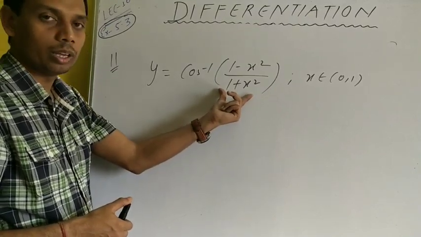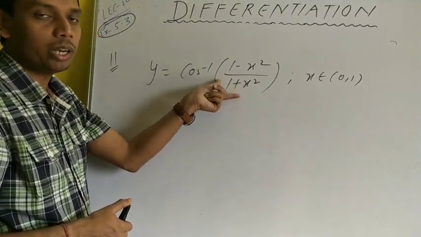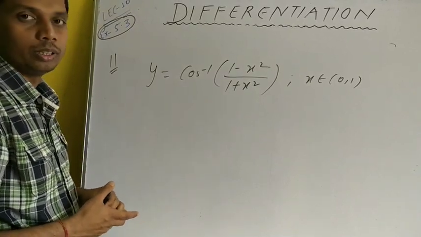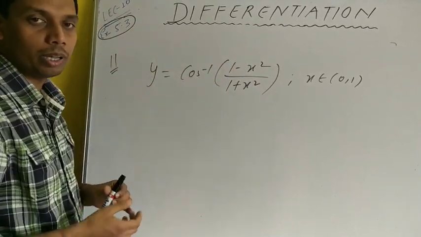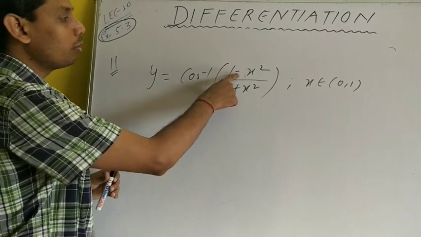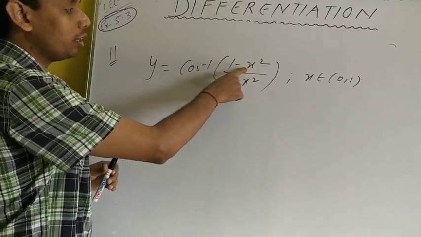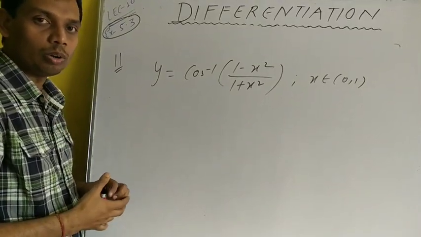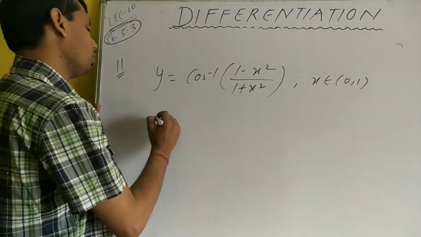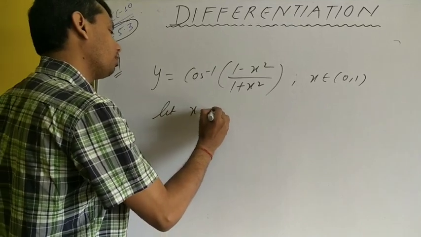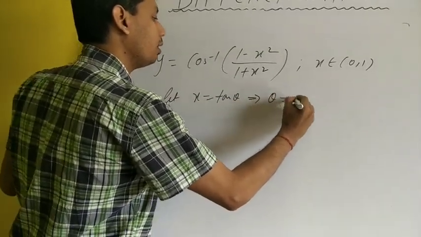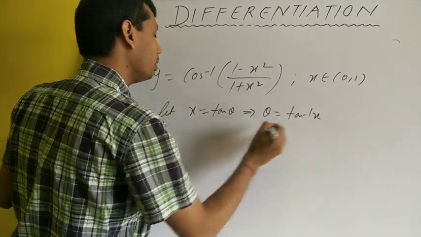See our x. Okay, again this is a complicated one. So again we proceed with a certain substitution, that is if x is replaced by tan theta, 1 minus tan square theta divided by 1 plus tan square theta. So that is the formula of what? Cos 2 theta. So let us assume that x is equal to tan theta. This implies that theta is equal to tan inverse x.